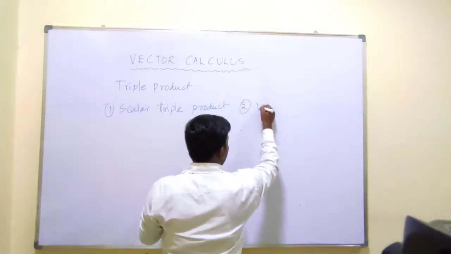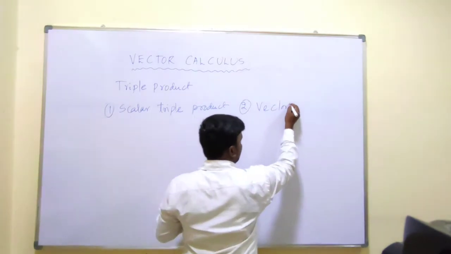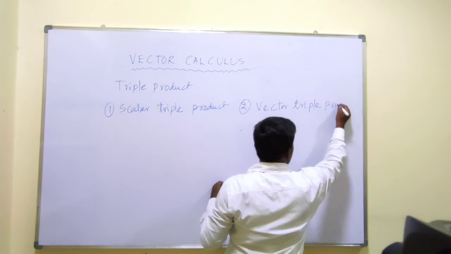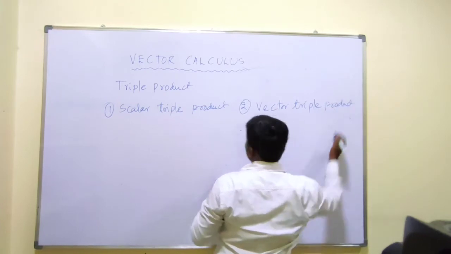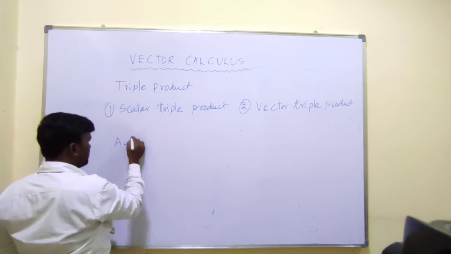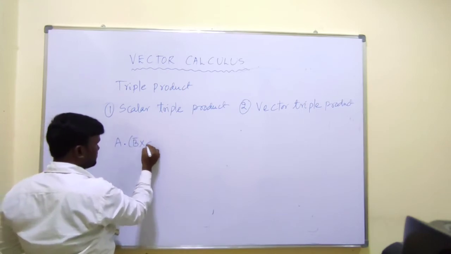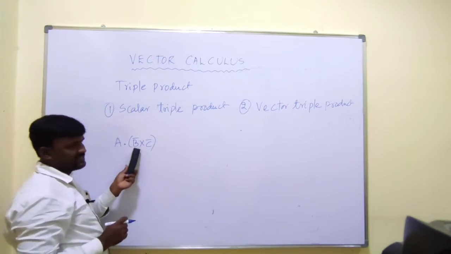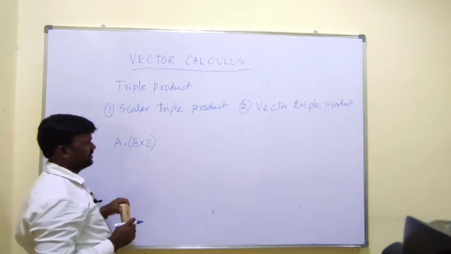The scalar triple product is represented like this: a bar dot b bar cross c bar.